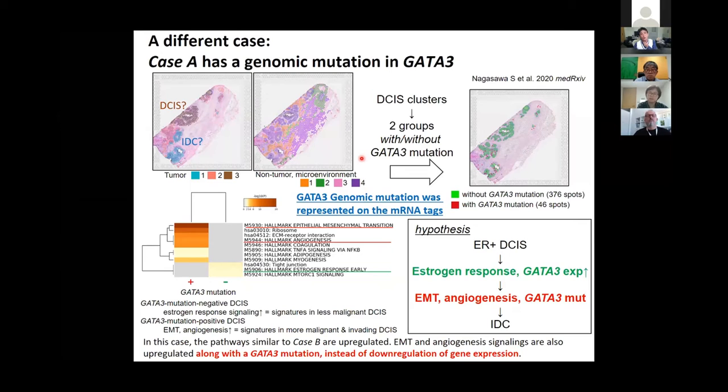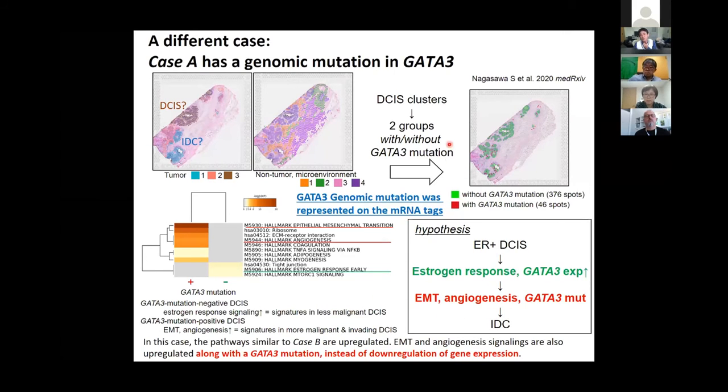In this case, we were kind of lucky, because the GATA3 mutation, a frame shift mutation, was located relatively near the 3' end of the messenger RNA expressed region, so we were able to map the mutation on the messenger RNA tags. And so we were able to identify which cells the mutation was located in by looking at the messenger RNA tags of the BISIM. The rest of the story was similar.